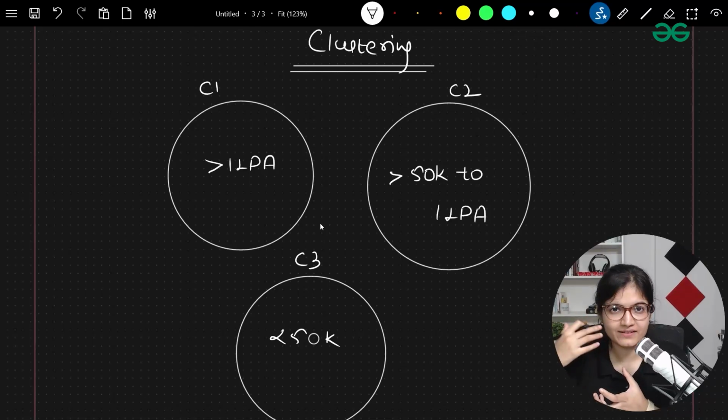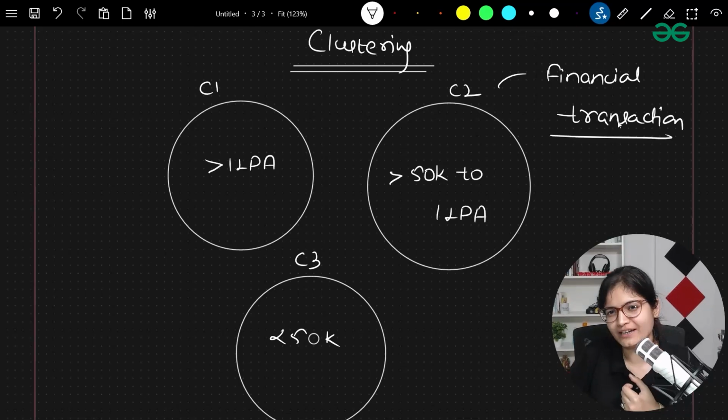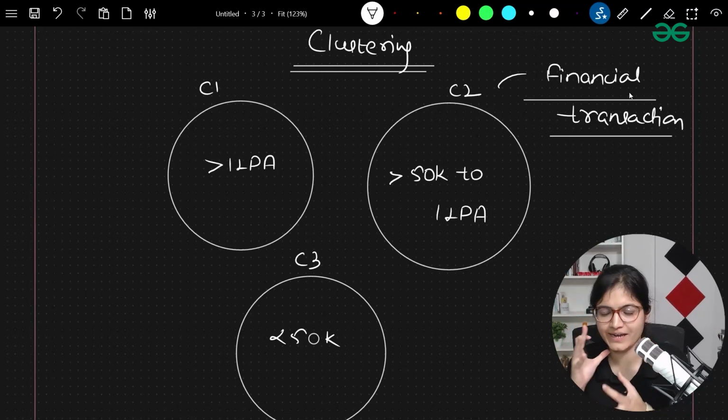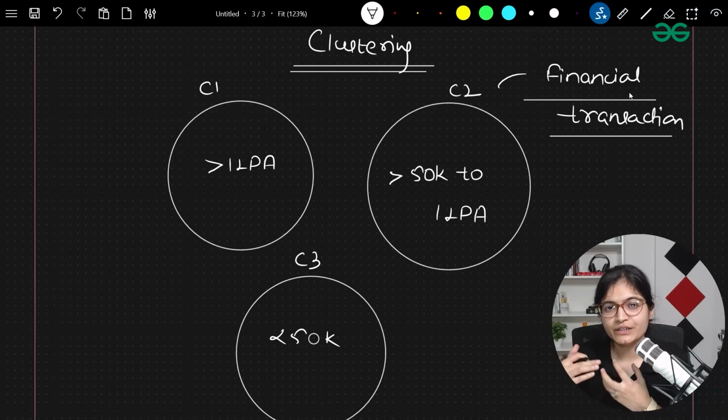What I'm providing is the details of the financial transactions. Obviously, banks will provide that. And if you observe, you will get a loan offer and you will get a lot of calls, which is very frustrating at times. On the basis of what? On the basis of your CIBIL score, on the basis of the transactions that you make every month, they usually call and offer a loan to the customers.